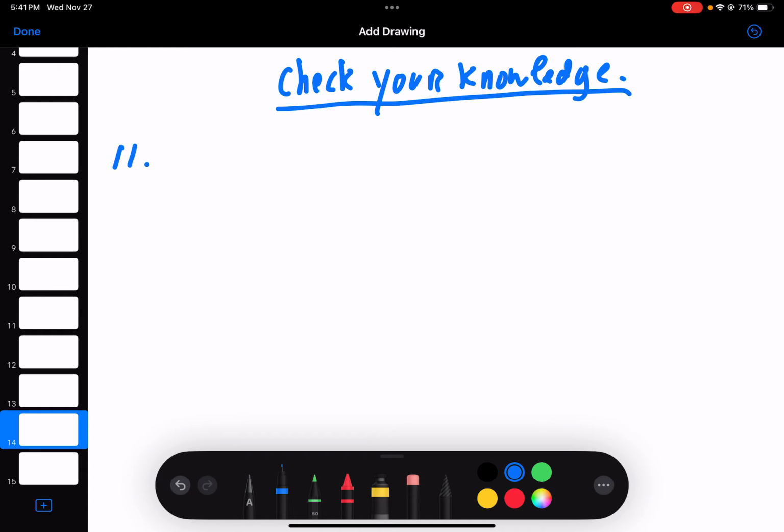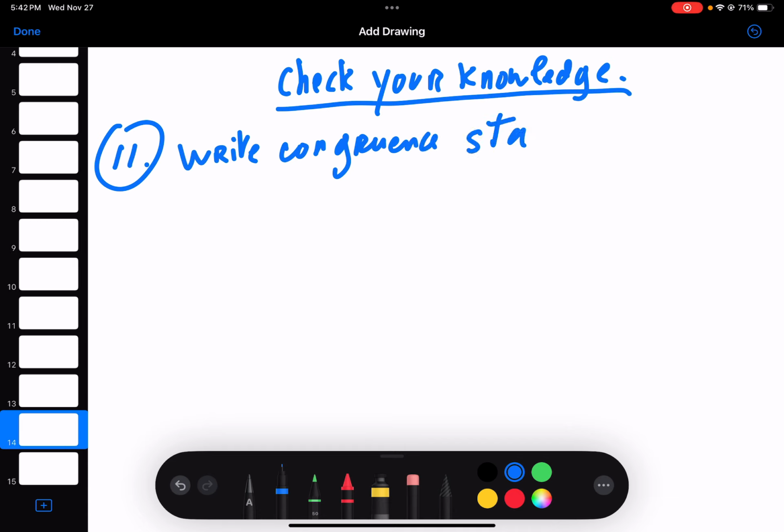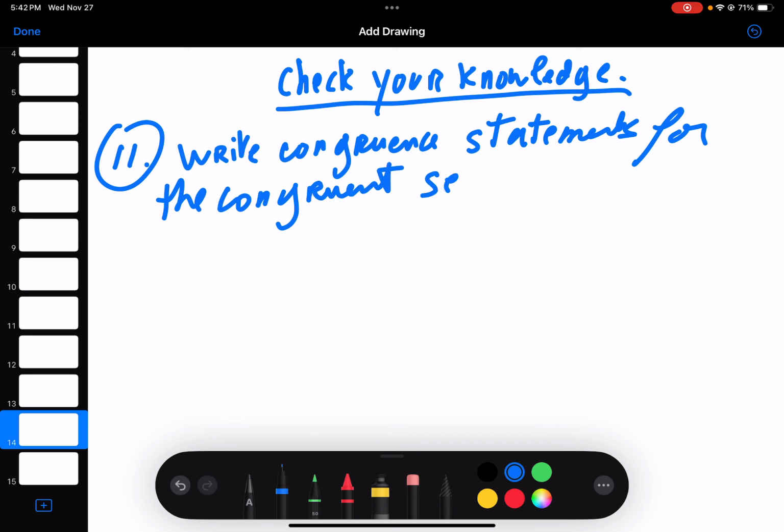So 11. Oops, maybe I should write a little better. Write congruence statements for the congruent segments in the figure below.